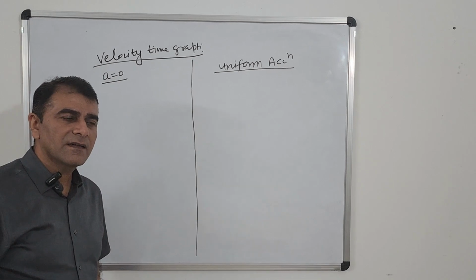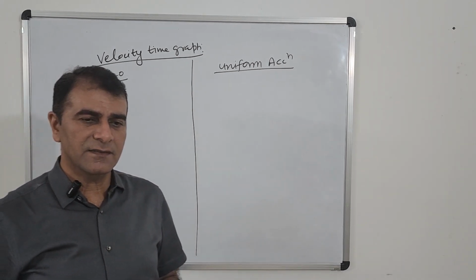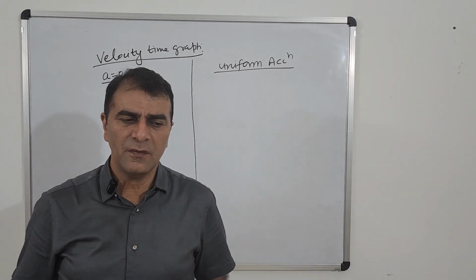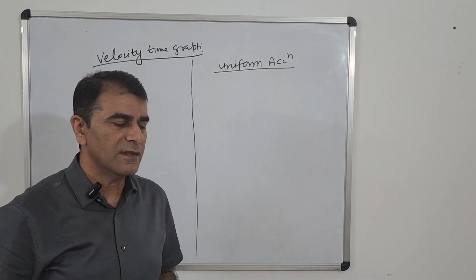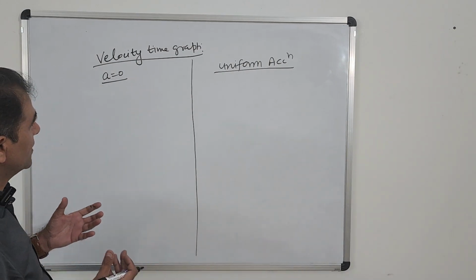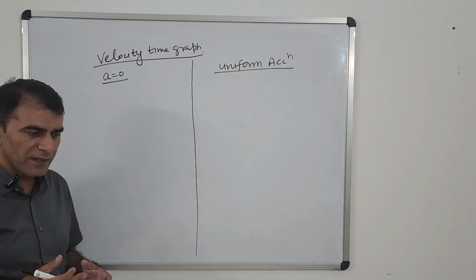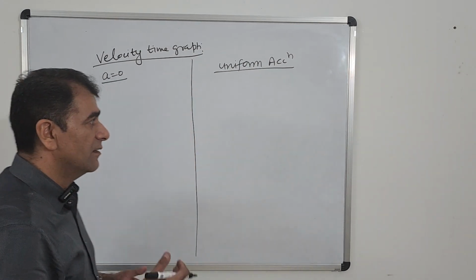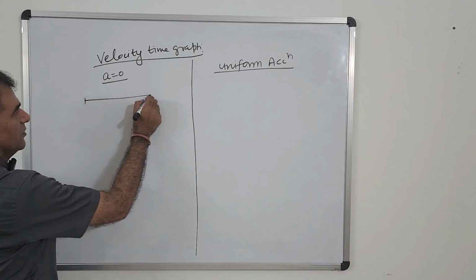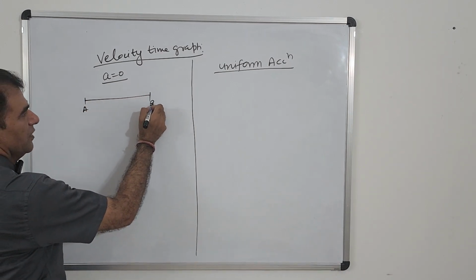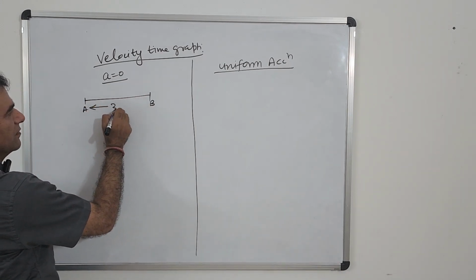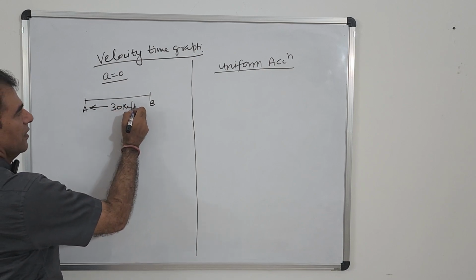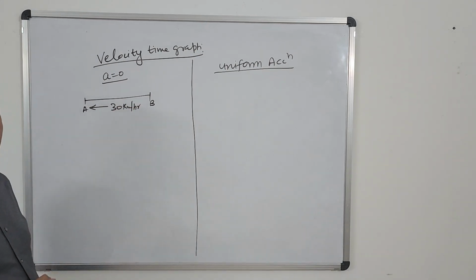Let us say an object is there, any object which is moving, and this object is moving in such a way that it has a uniform velocity, say from this point A to this point B, this velocity is 30 kilometer per hour, right?